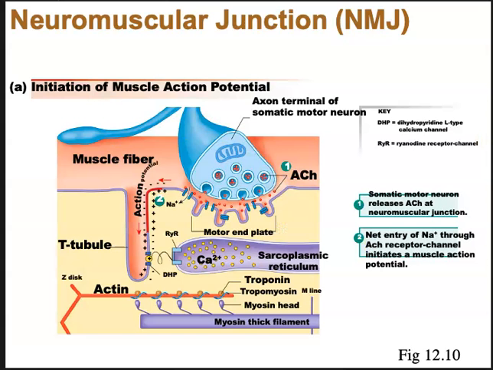So we need to check to see what happens right after the motor end plate, and you can continue with your figure 12.10. So we have the depolarization happening due to the chemical gated channels opening, and sodium influx is greater than potassium efflux. And what happens is it depolarizes this patch, and the patch depolarization causes the opening of the voltage-gated channels in the adjacent patch to the motor end plate.